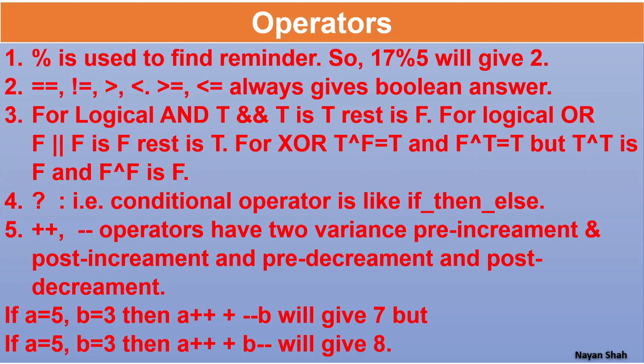Logical AND. You must have studied logic gates in physics. So here it is the same. Logical AND and logical OR are used to combine multiple conditions together. When you combine two conditions, if both the conditions are true, then only the final statement is true.